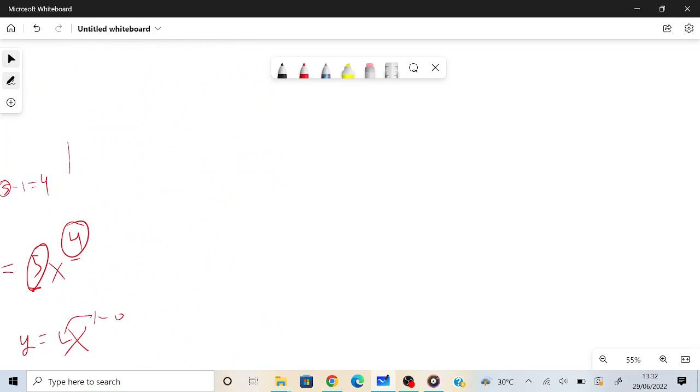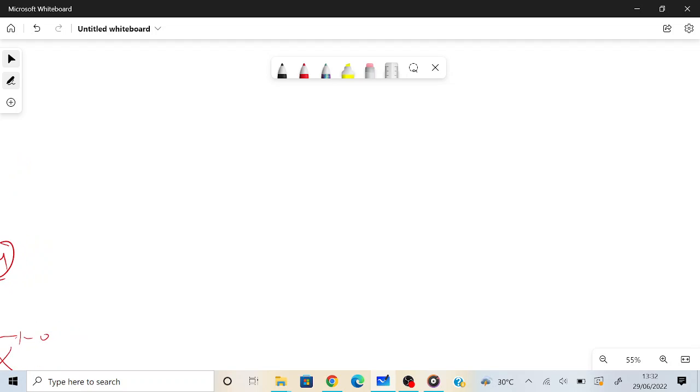On to the next example. It says find the derivative of 3x squared. Now if I say derivative, that's another way of saying differentiate, it's just another word. To find the derivative of y equals 3x squared, we use the same rule.